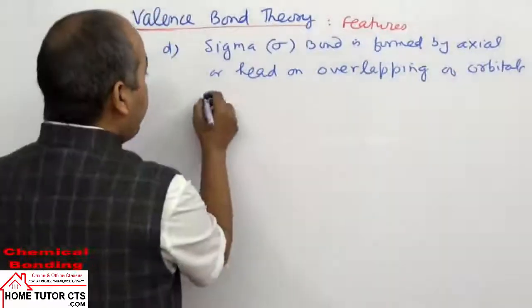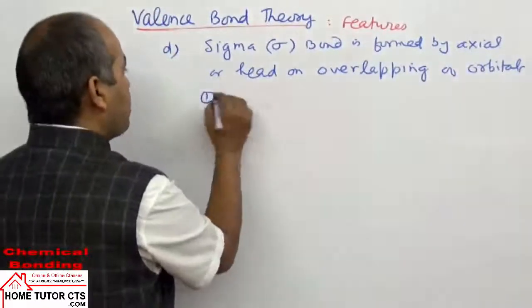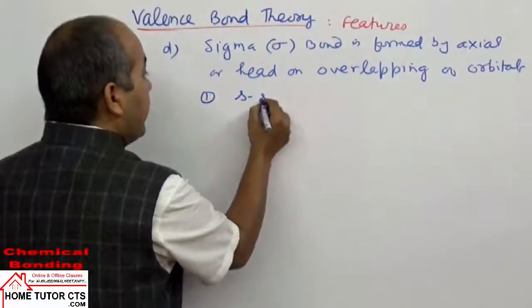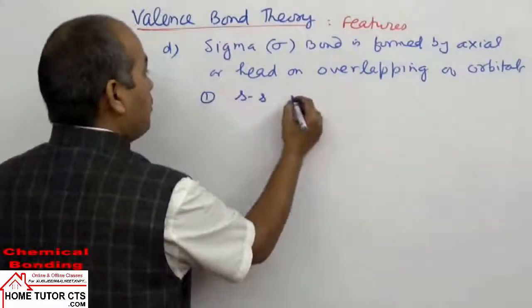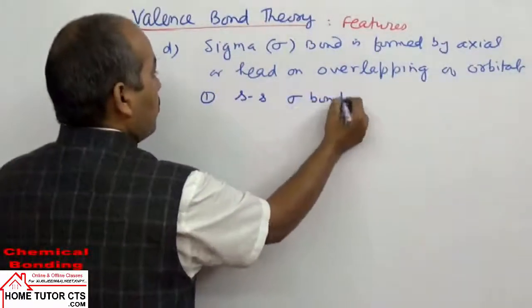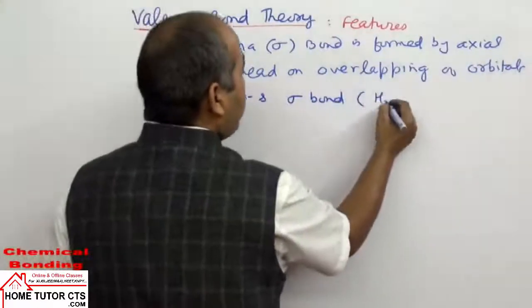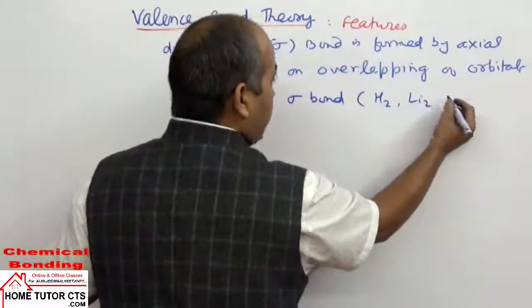Now we can have different categories of sigma bond formation. We can have the S sigma bond, as in the H2 molecule, and I can add the Li2 molecule.